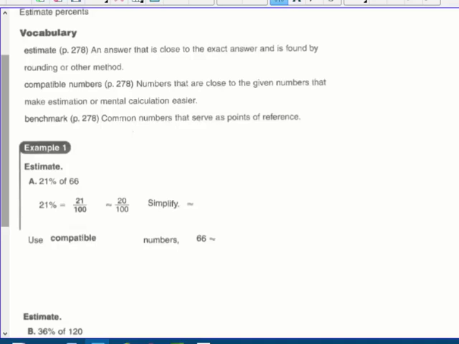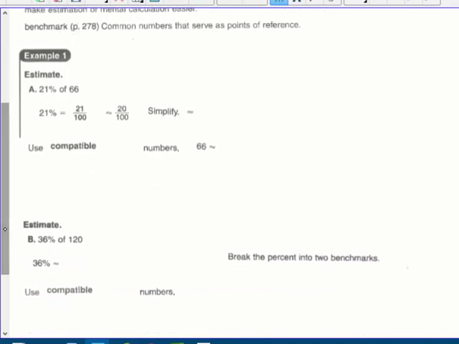So example number 1. Estimate 21% of 66. Well, that's pretty darn close to 20%. So 20% is 1/5. So I'm going to round my percent to, or change it to, 20%. So using compatible numbers, I would say 1/5, here's my percent.